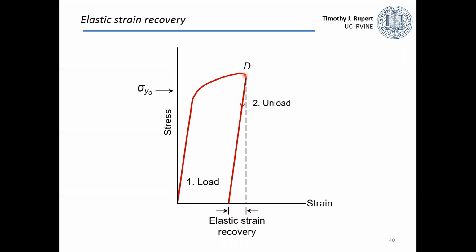So our total applied strain was here. We recover some amount, and then we have some amount left over. Now, if we reapply the load from the bottom of this region, we're going to again follow an elastic curve, and we'll come back along this linear elastic range up until the point where the load started to decrease before, and then we can continue to plastically deform our sample.